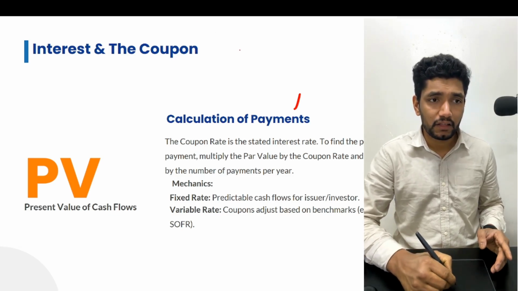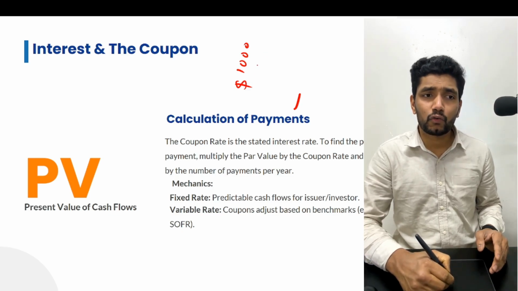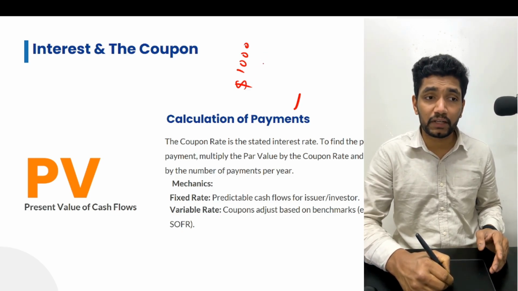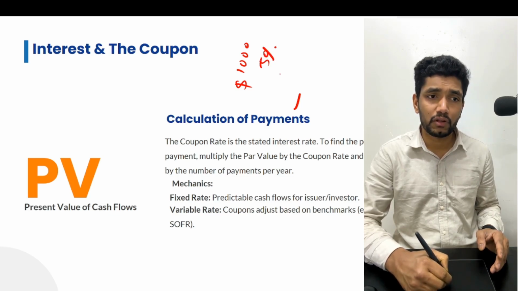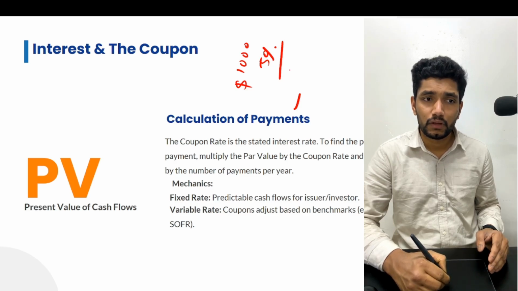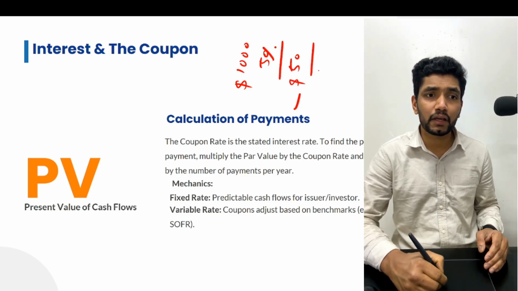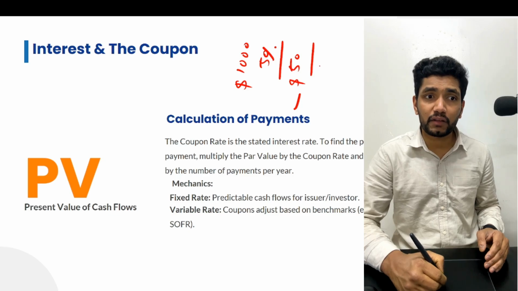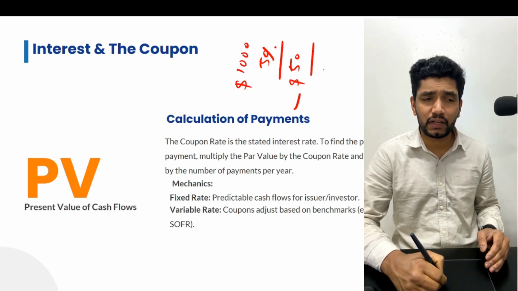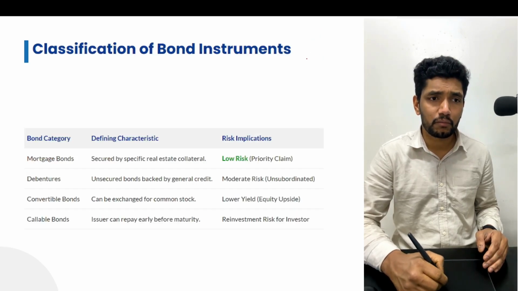Suppose the par value is 1000 and the coupon rate is 5%, just assume, then the yearly payment is $50. If you are paying 2 times per year, then you have to divide by the number of payments per year. If it is 2, then 25 is your payment value.